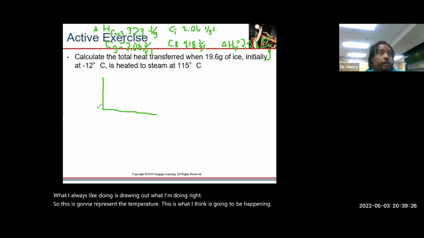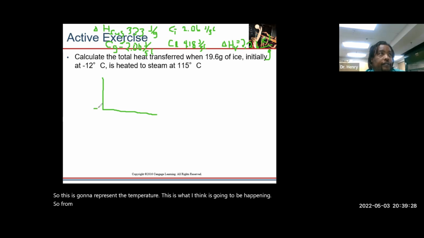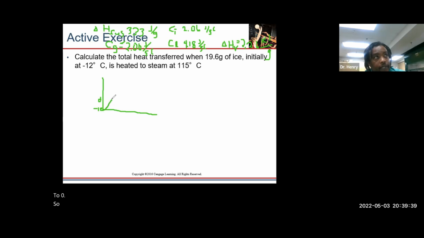Okay. So from negative 12 to 0. That's just going to go up because at 0 is where ice starts to melt, right? And then we're going to have to come over that hump.